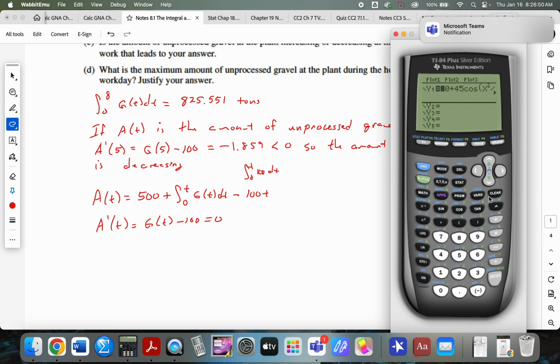I'm going to go up to y equals. I'm going to turn this one off because I really don't want to see it. And I'm going to say y1 minus 100. I'm going to set my window from 0 to 8.